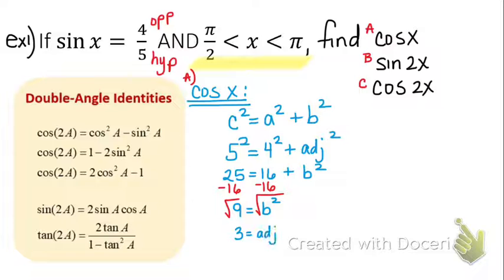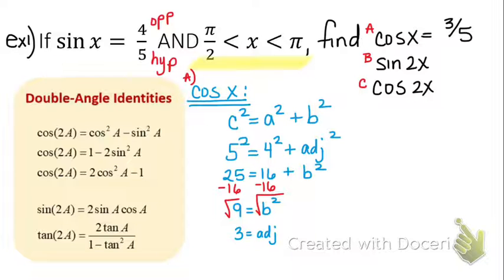So the adjacent side of this right triangle is 3. For the sine, the opposite is 4 and the hypotenuse is 5. Yeah, so 3 is the adjacent side. So that means that the cosine equals 3/5. So that's part A.